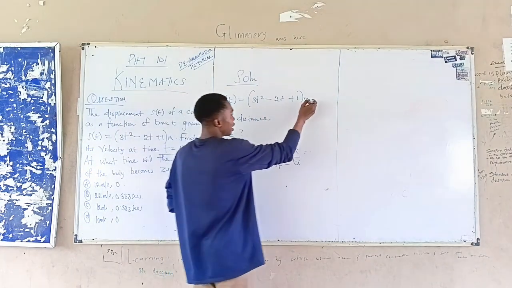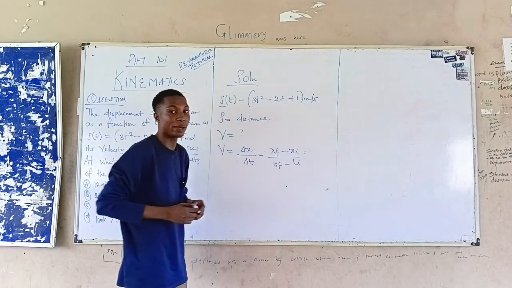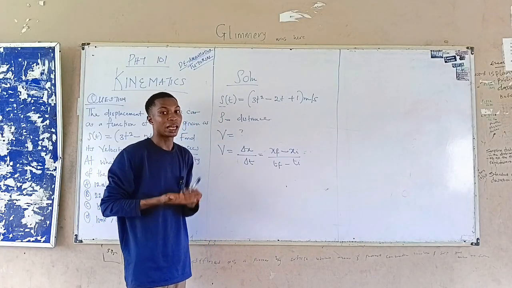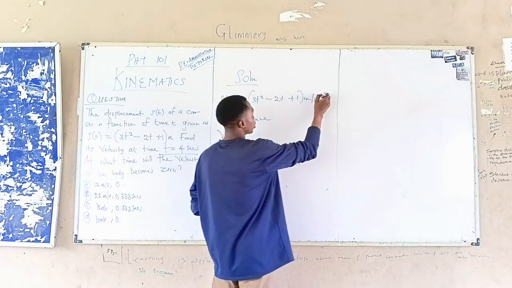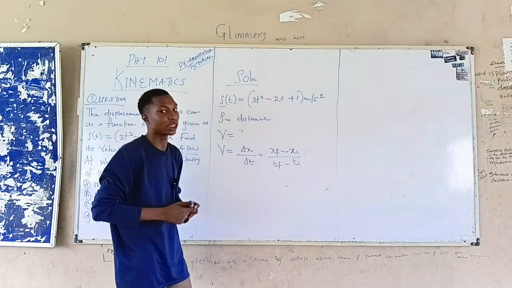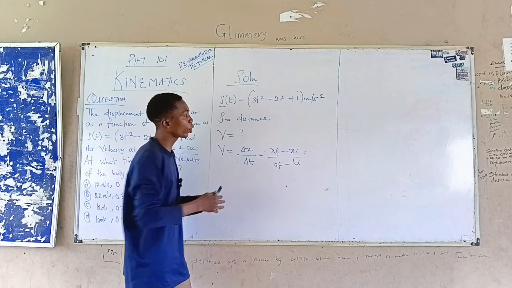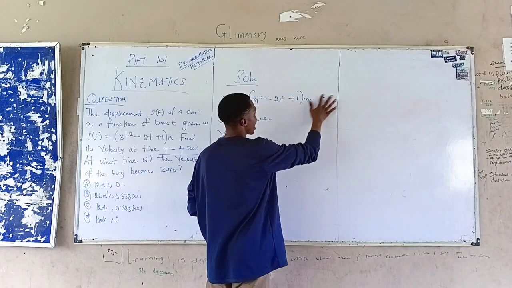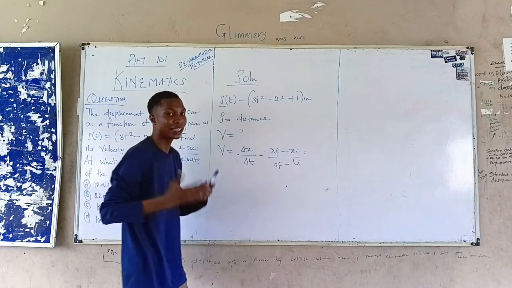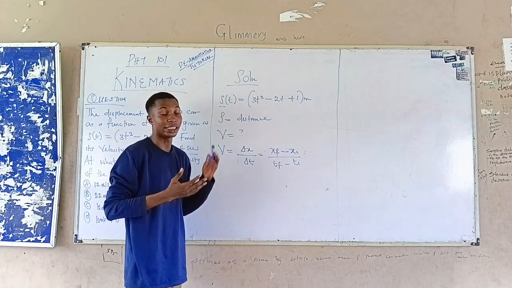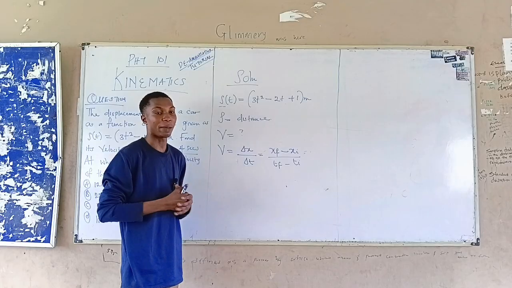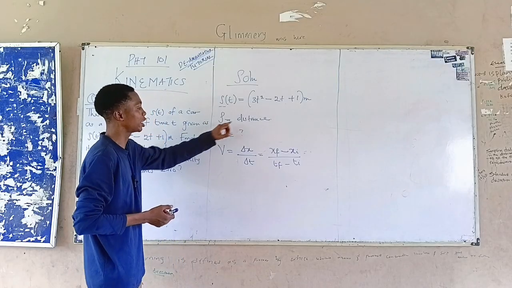If it was left in meters per second, that means it's a velocity kinematic equation. If it was meters per second squared, that means it's an acceleration kinematic equation. But the question here says we have meters, so it's a distance or displacement kinematic equation. That means our f is our distance.